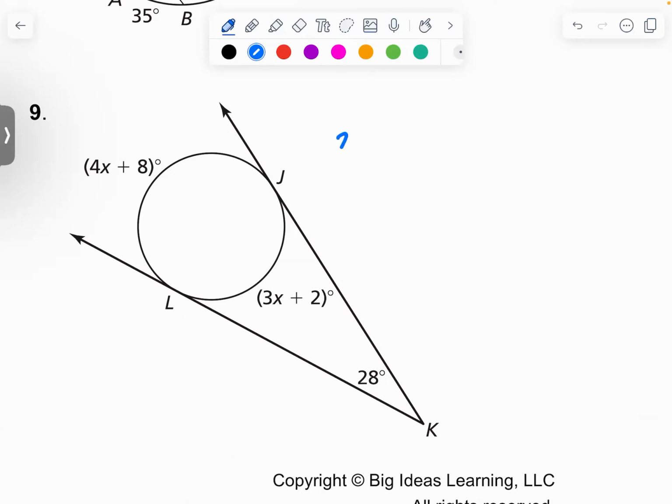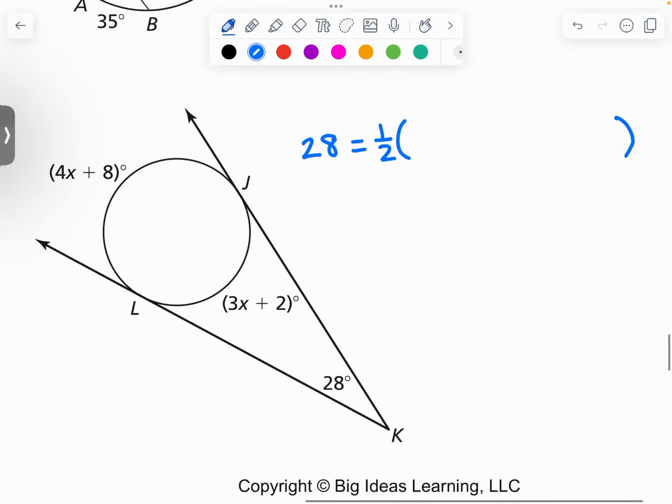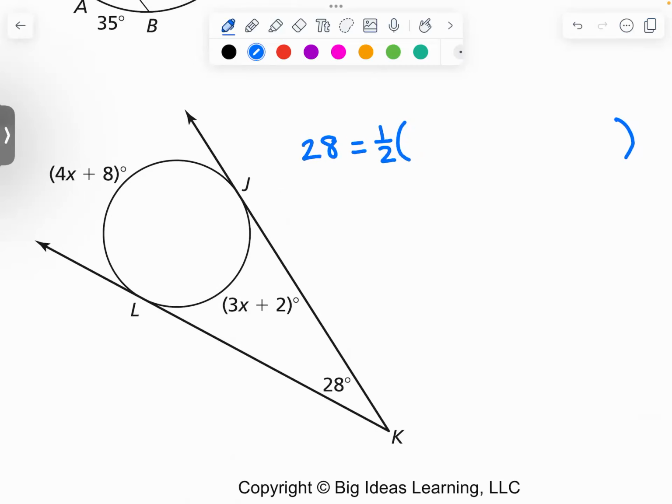Our outside angle is going to equal half of the difference. Okay. Which arc is going to come first in our subtraction? Okay. 4x plus 8. And we need to subtract 3x plus 2.